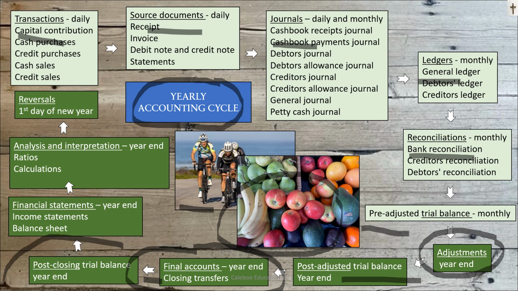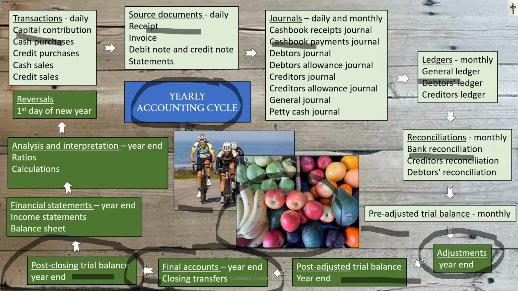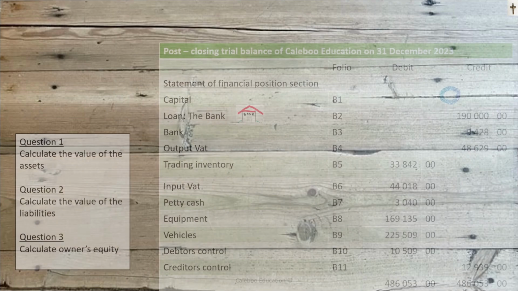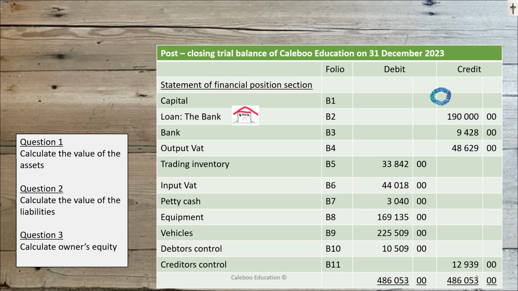So this is where we are. A post-closing trial balance has been drawn up, and we're going to take the numbers from the post-closing trial balance and we're going to do the calculations. In front of you, you have a post-closing trial balance at year end, and we're given the following numbers.